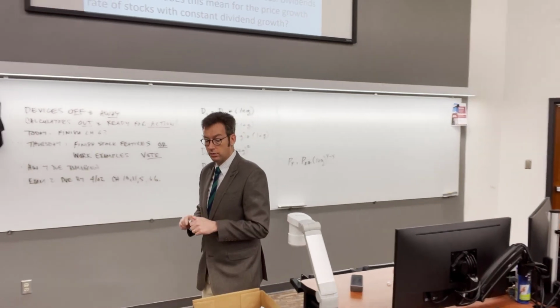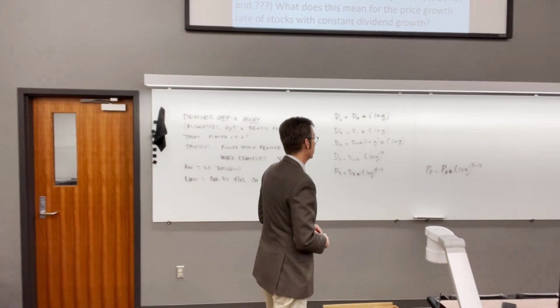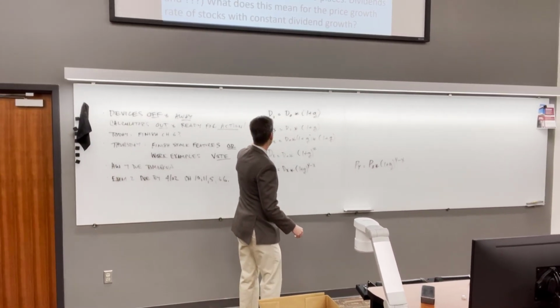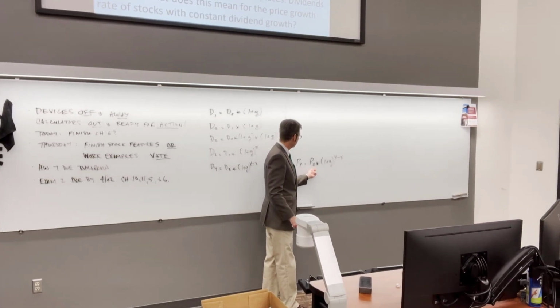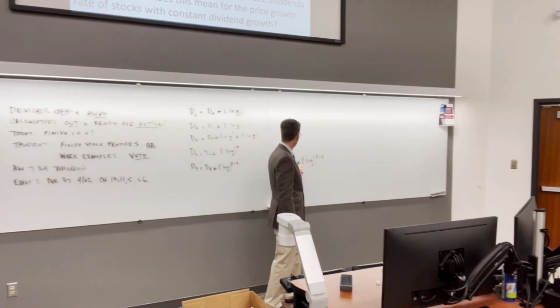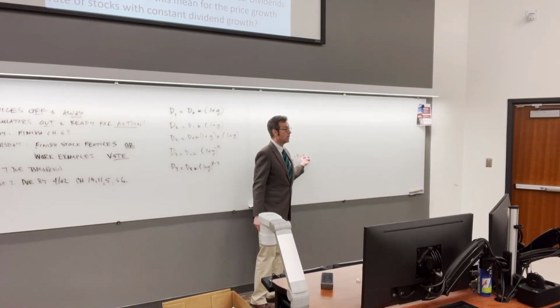So when I ask you the price 30 years from now for a stock with constantly growing dividends, instead of having to run through this thing over and over and over again, you just say P30 is equal to P0 times 1 plus G to the 30th power. That's going to make your life a whole lot easier.